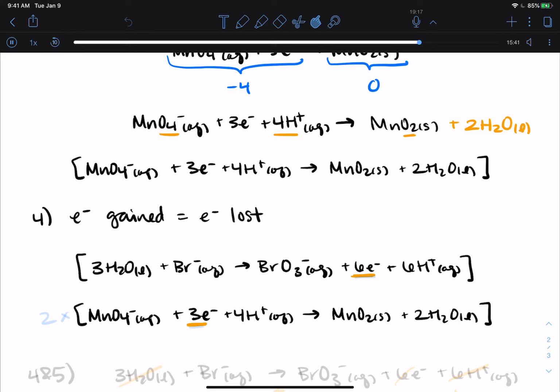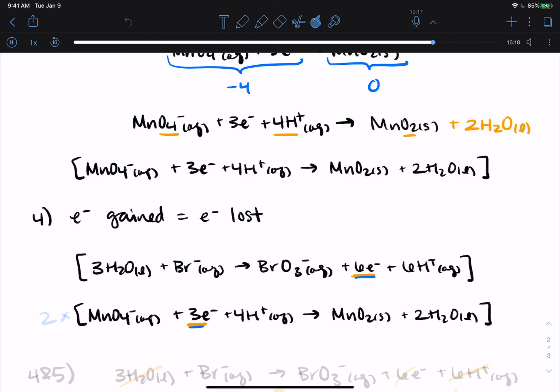The way that we balanced it, the oxidation half reaction has 6 electrons in it, and the reduction half reaction has 3. So what we are going to do is use the fact that you can treat these reactions kind of like algebraic expressions, and just do a little bit of technically algebra to get the number of electrons so they will cancel out when we add them together, right? Because these electrons are on the product side and these electrons are on the reactant side.